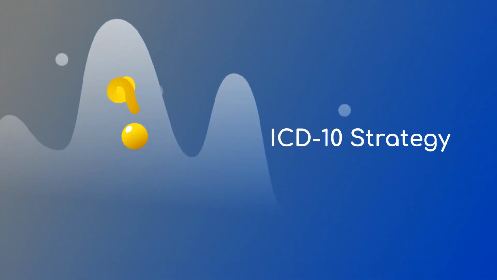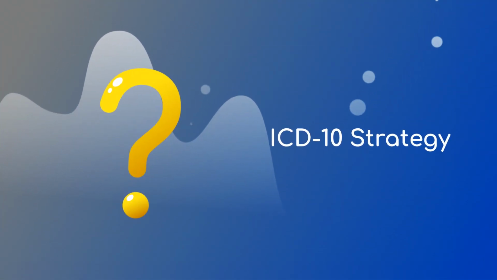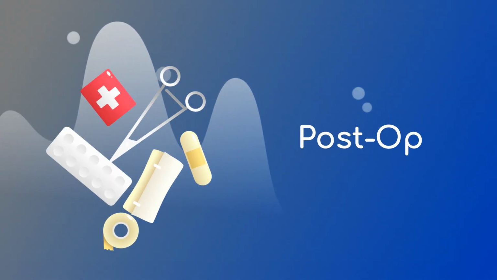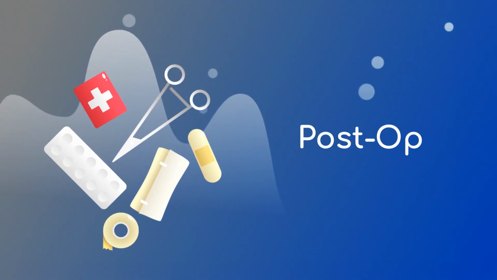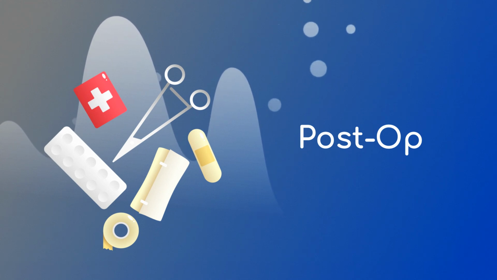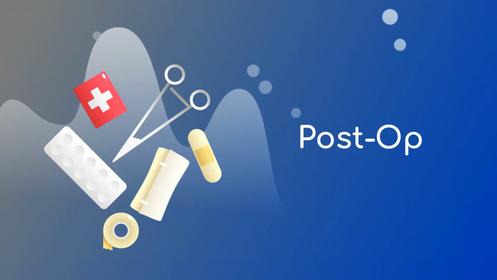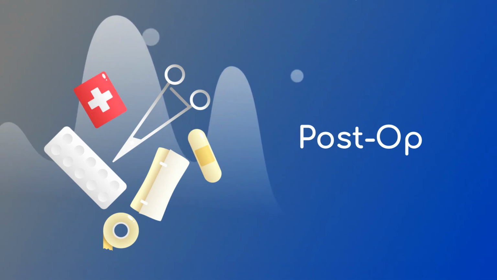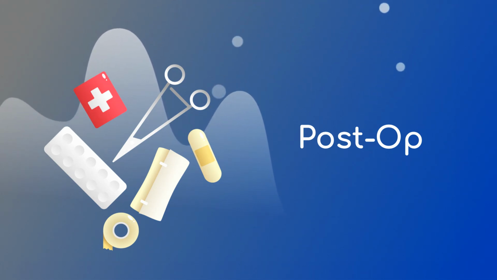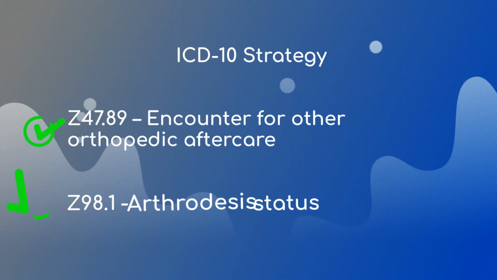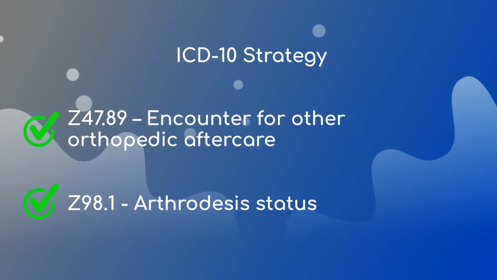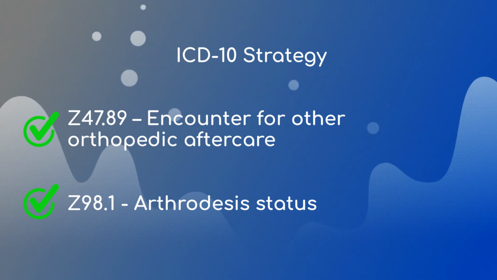Report findings state, this is a post-op follow-up exam to evaluate osteotomy healing in both feet following prior surgical fixation. The most appropriate ICD-10-CM codes are Z47.89, encounter for other orthopedic aftercare. This code indicates ongoing orthopedic follow-up. And Z98.1, arthrodesis status. This code indicates the Kirschner wires have been removed.